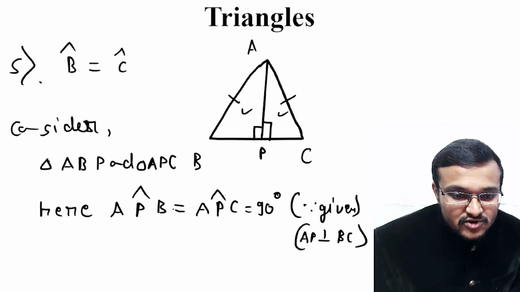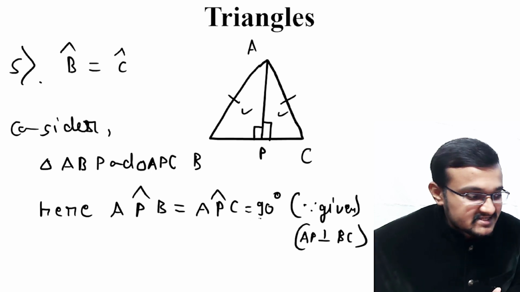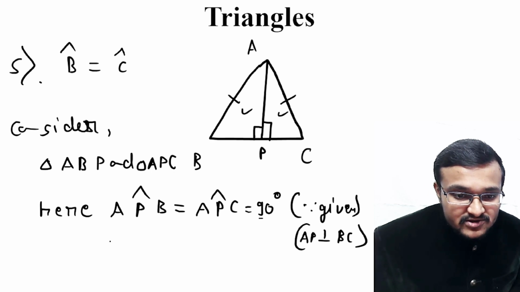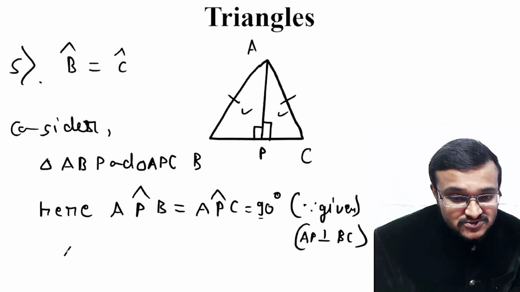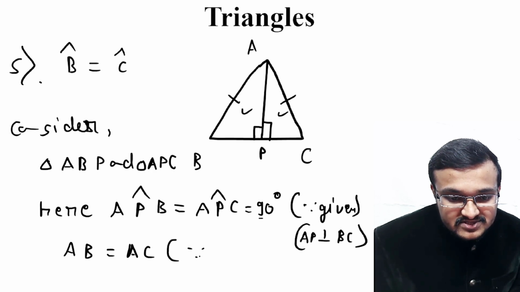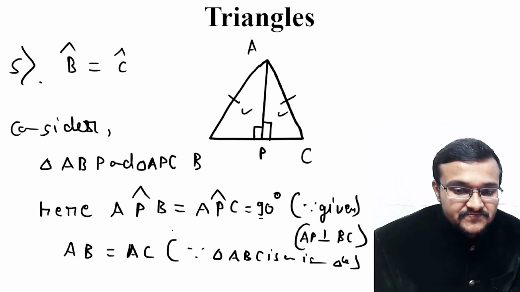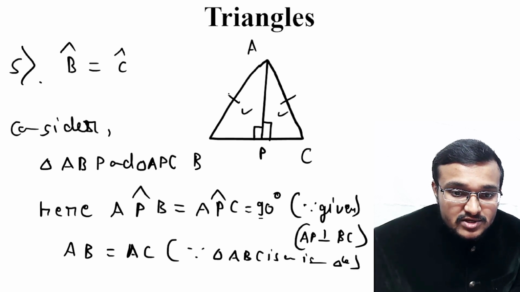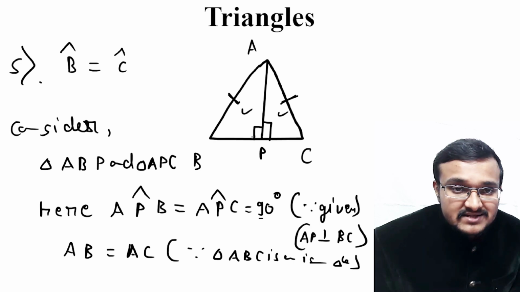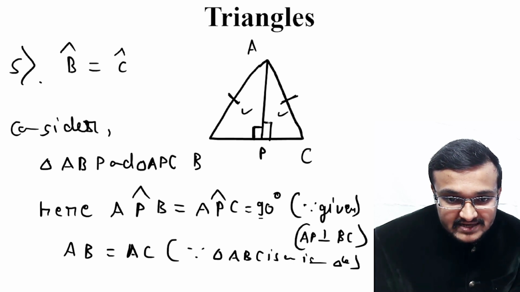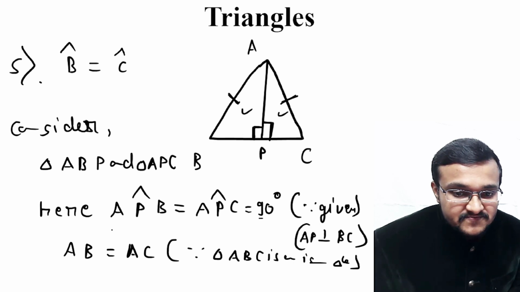And we know that this particular triangle is an isosceles triangle. So AB is equal to AC since triangle ABC is an isosceles triangle. Now we have proved hypotenuse of these two triangles are equal to each other, and we have proved right angles in these two triangles.